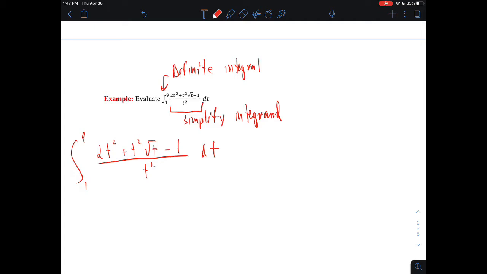Now I understand that you're tempted to start crossing out t squareds, but you are now reaching the end of Calculus 1. We should know now that you are not allowed to just do that whenever you want. You are allowed to split up a fraction if you have just a monomial in the denominator. So since I just have t squared, I can rewrite the integrand as a sum of fractions.